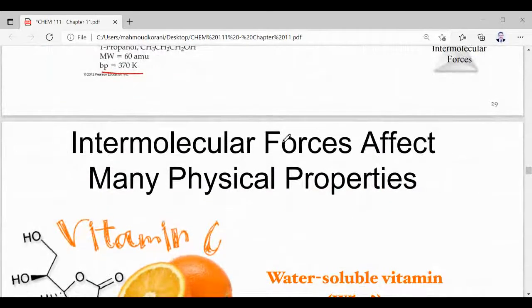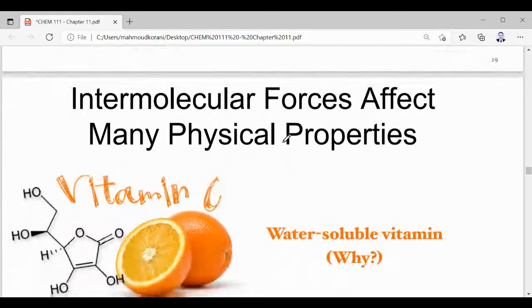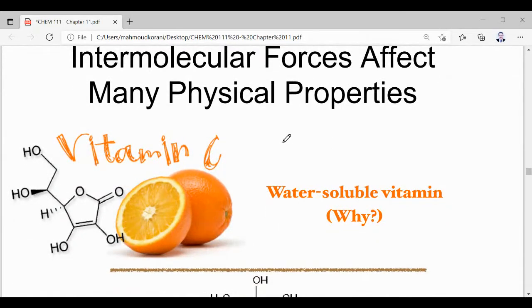Hydrogen bonding is responsible, for example, for the solubility of some vitamins, and also for the insolubility of some vitamins in water. The most common example is vitamin C, which we always use every day.